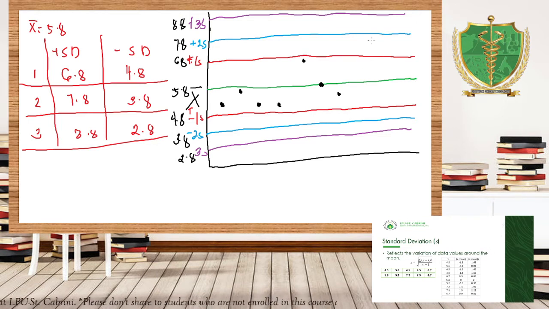7.2. Oh, so we can say that 7.2 is something here. 7.3, this is our 7.3 na lang. And then 6.7. Okay, so if we are going to trace it, that will be like this.